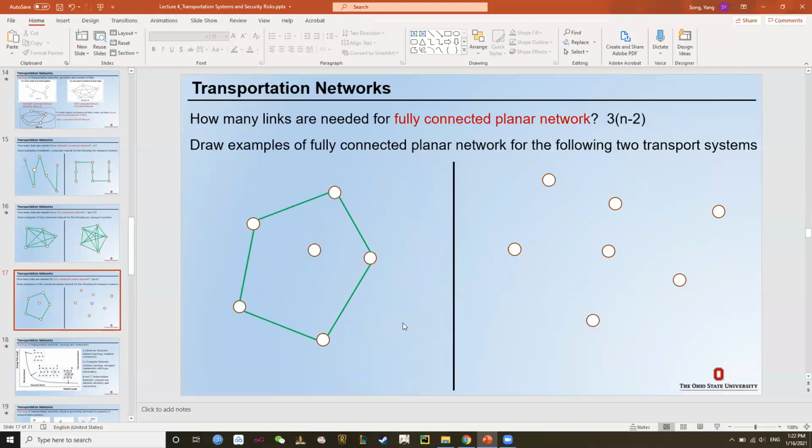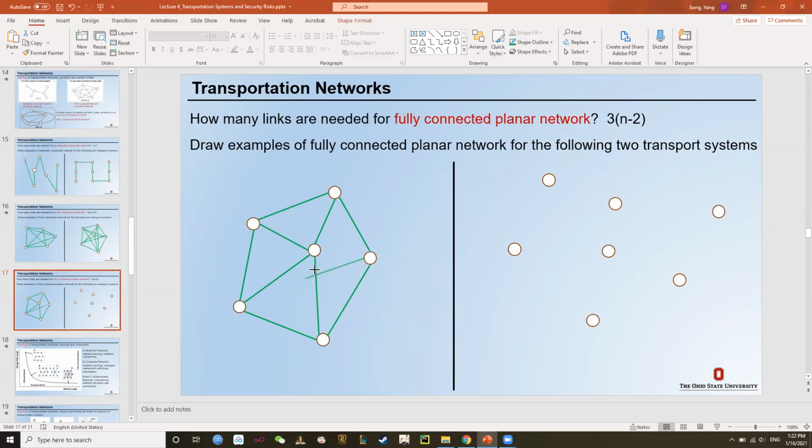Okay, the principle here is very similar to a fully connected network. Each node has to be connected to other nodes. So the central node here also needs to be connected to the rest of the nodes. Okay, so now we have 5 more links for the central node here.